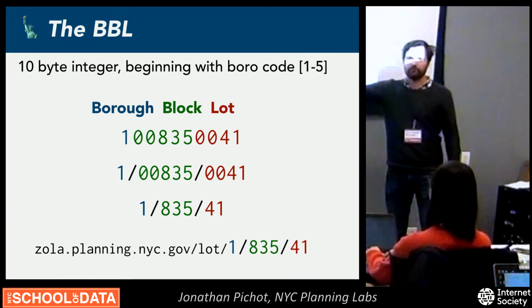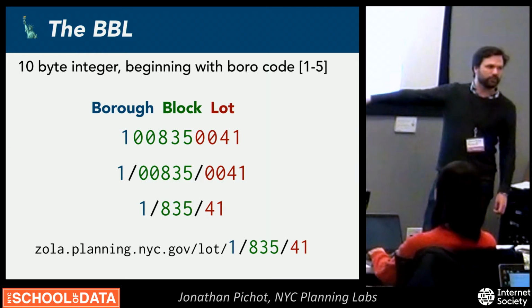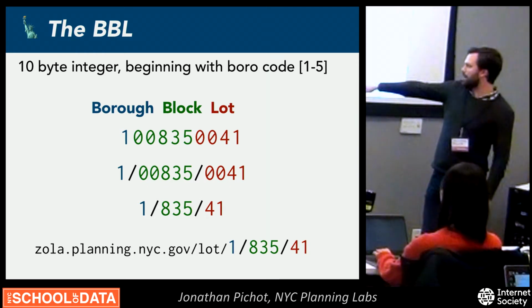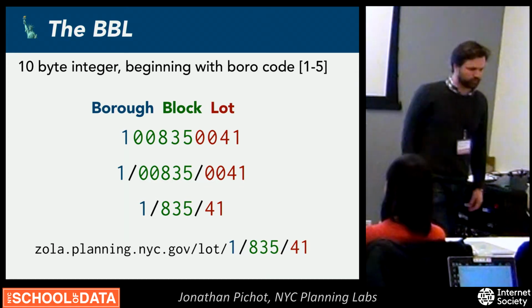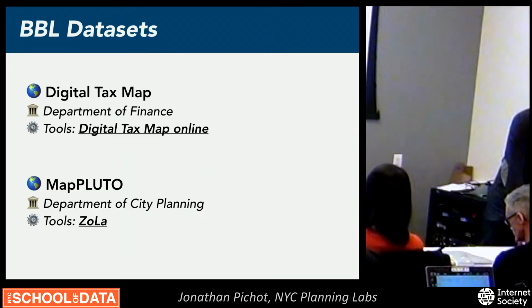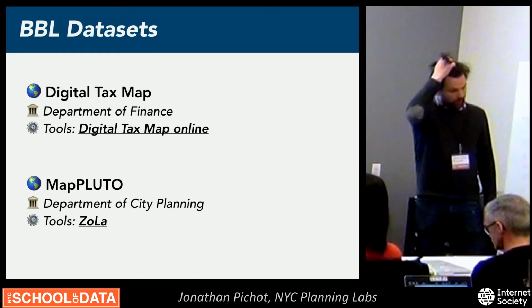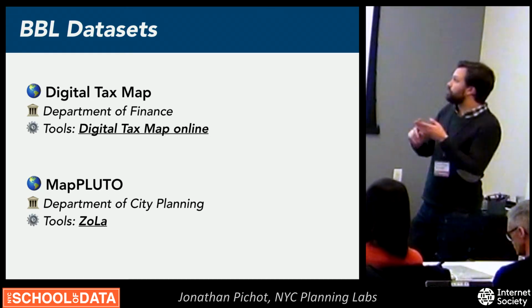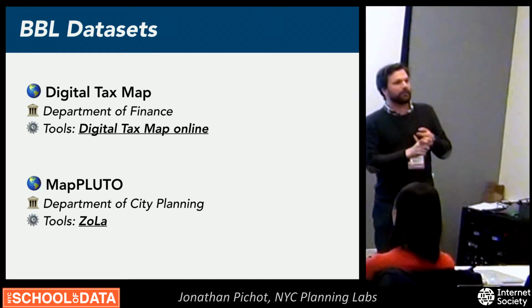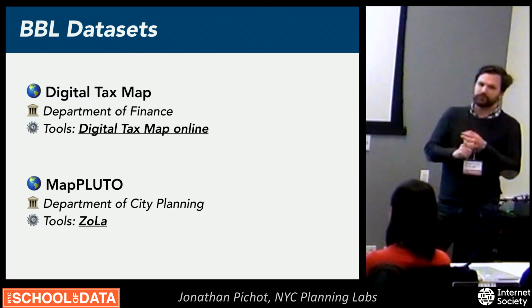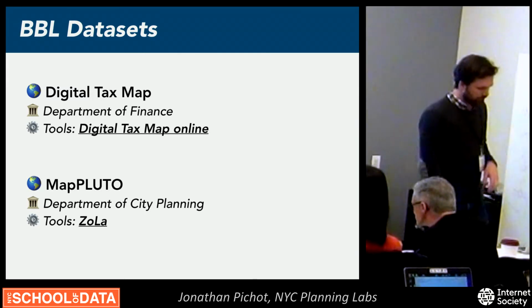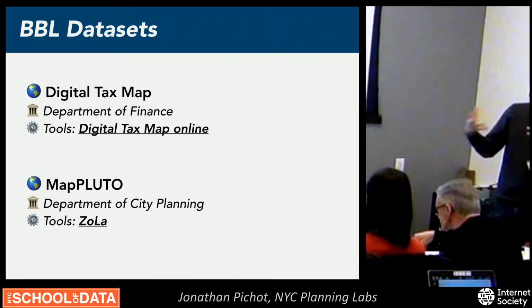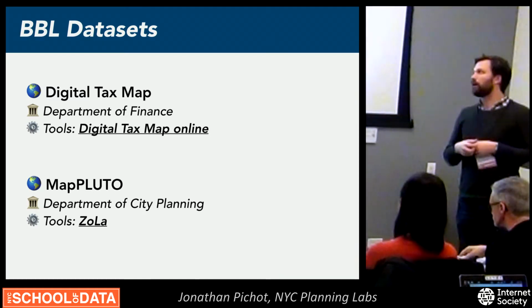And if you know the app Zola, which is a Labs app, we use the simplified identifier to get to a certain lot. So, to answer your question, 2 of the fundamental data sets that you can find in Open Data that use the BBL are the digital tax map, as I mentioned before, which you can use online and see as a tool, as well as download the whole thing.